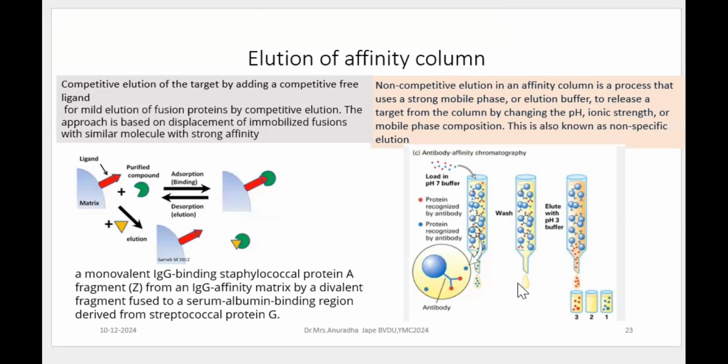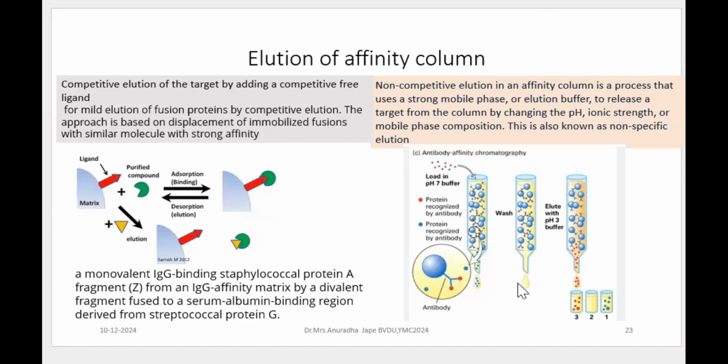But when we talk about gradient, you keep on changing the pH and ionic strength. You make it so strong that the interaction between the ligand and the analyte is weakened, and the analyte gets displaced from the ligand, and the free analyte will run down the column and come in the elution fraction.